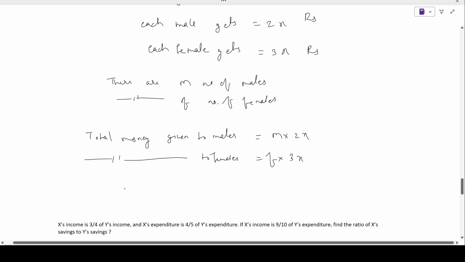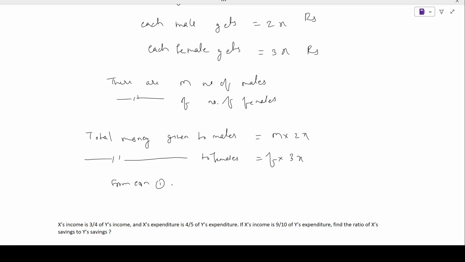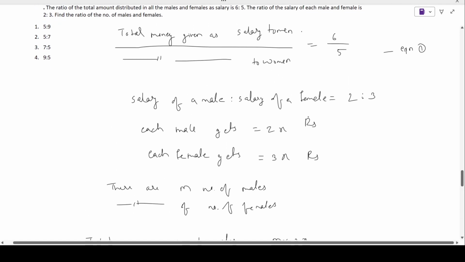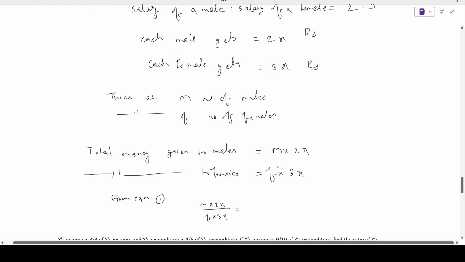So from equation 1 we have m into 2x upon f into 3x, which is equal to 6/5. X cancels out.